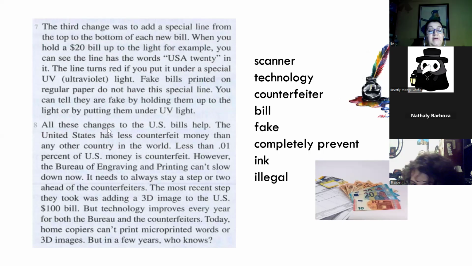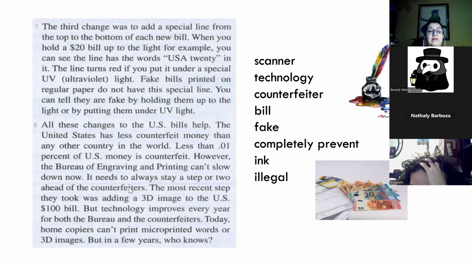So what is the final characteristic in paragraph 8? ¿Qué es lo que tienen los billetes aquí en el párrafo 8? A 3D image. A 3D image. Una imagen en tercera dimensión.